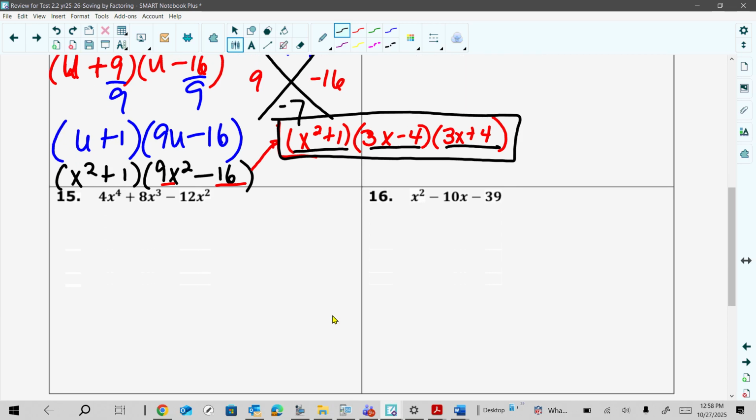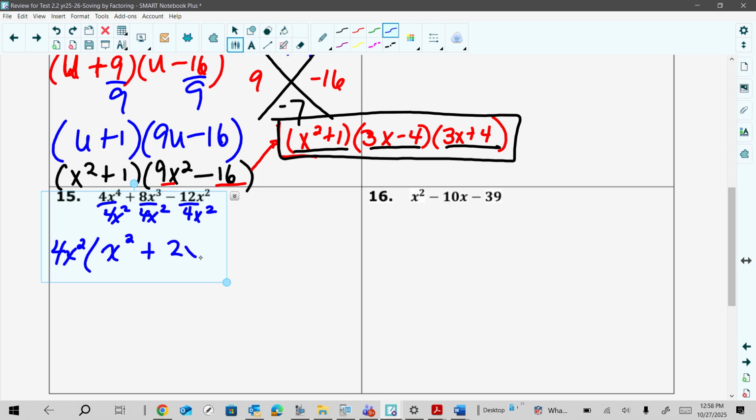And then on 15 here, we do have a GCF between the 3 terms, and that is a 4x squared. So this simplifies to x squared plus 2x minus 3.